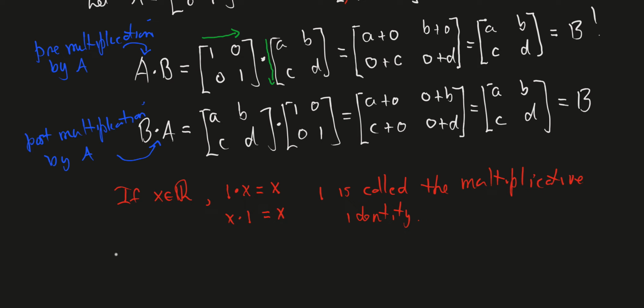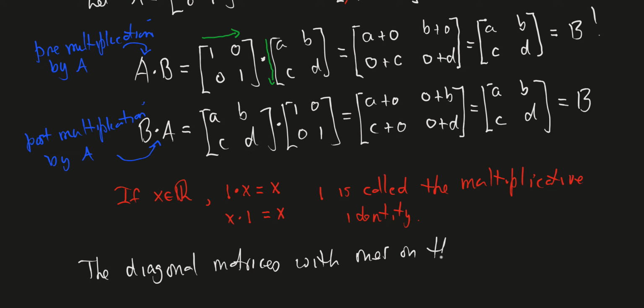So in general, we refer to this special matrix, again, the diagonal matrices with ones on the main diagonal, right?